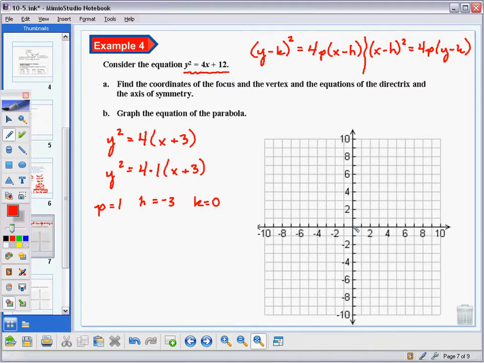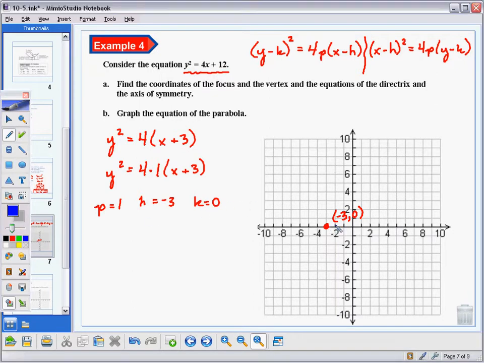So now, from the origin, my vertex has been shifted 3 units horizontally. So that is my new vertex. It's at (-3, 0). I will now travel p units horizontally, since this is opening horizontally with the y squared in the equation, p units to find the focus.